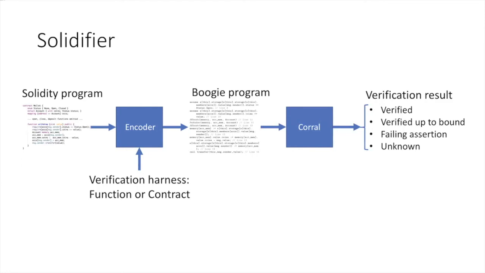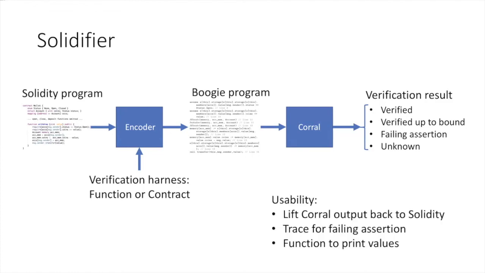And what will come out of our bounded model checker is either that the program has been verified, that it has been verified up to a specific bound, or some assertion in the program has failed, or some unknown result. We do use in our specification some theories which cause our problem to be undecidable in the general case, so we might get unknown results.